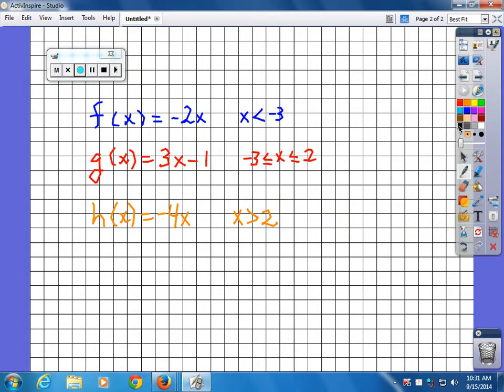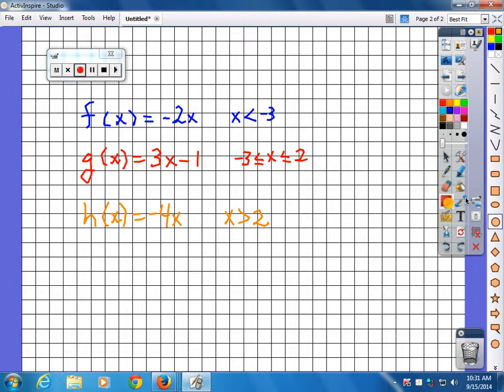So, take our handy dandy line maker. Oops, wrong color, wrong width.